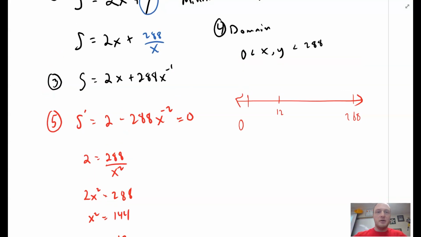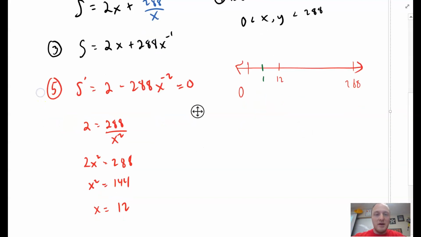Let's test 1, a good number. I plug in 1 into s prime, and we get 2 minus 288 divided by 1, and you get a negative.